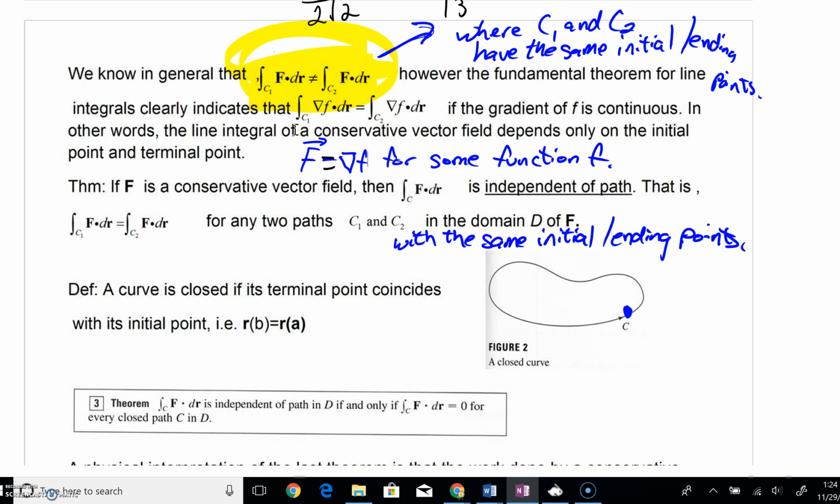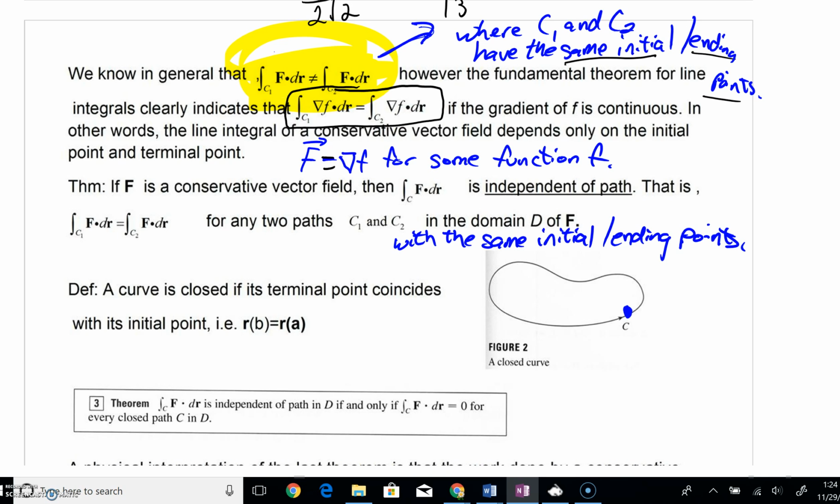We got the opposite of an answer, didn't we? But here's what's going on. If you have the same beginning point and ending point, according to this, if capital F is representing a conservative vector field, that means we'd have the same gradients inside of our integral, and then we'd just say f of our ending point minus f of our initial point or beginning point.